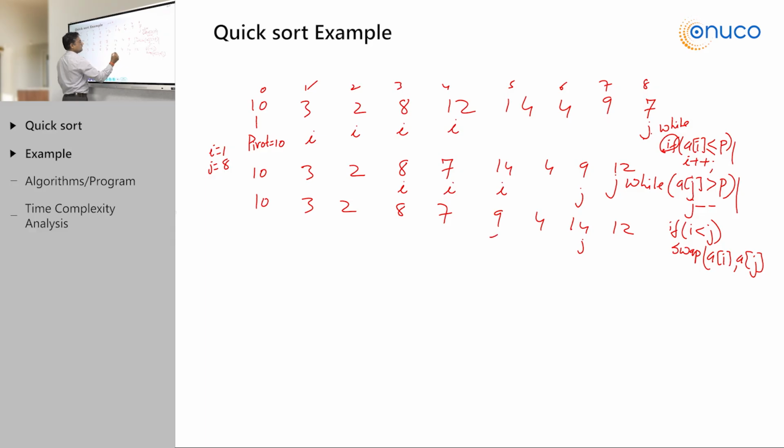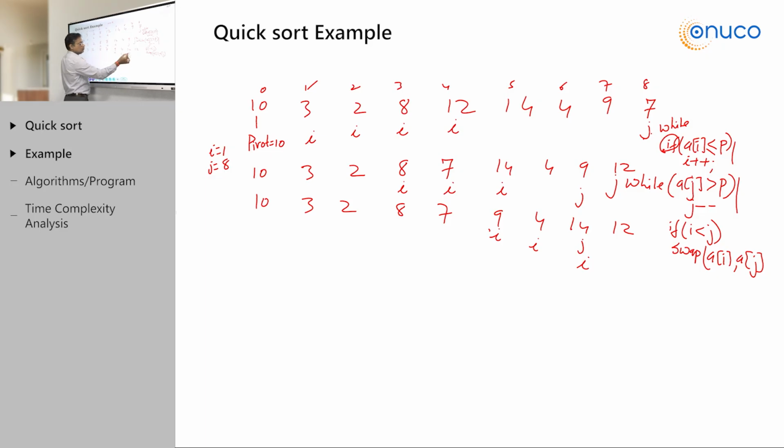Now, j is here, i is here. Done? Is 9 lesser than 10? Yes. Is 4 lesser than 10? Yes. Is 14 lesser than 10? No. Stop it. The i part is done, 14 is not lesser than 10.